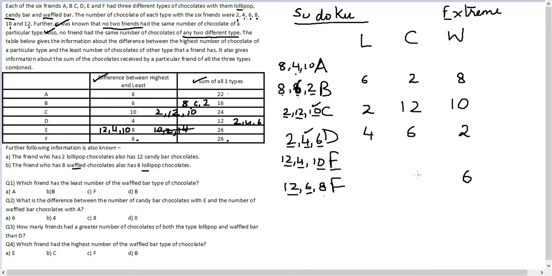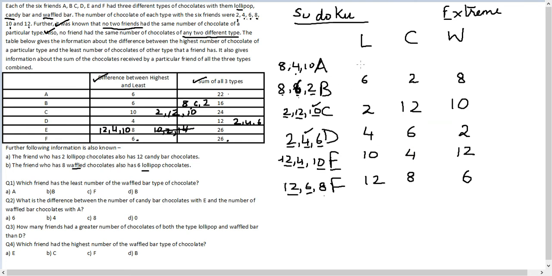Now because 6 has been mentioned here, 12 and 8 have to be distributed here. 12 cannot come here, so this will be 8, this will be 12. Now when you look at 12, 12 has been mentioned in lollipop, 12 has been mentioned in candied. So this 12 with E will necessarily be in waffled. Now I have 10 and 4 to distribute in these two places. 4 cannot come here. So here it will be 10, here it will be 4.